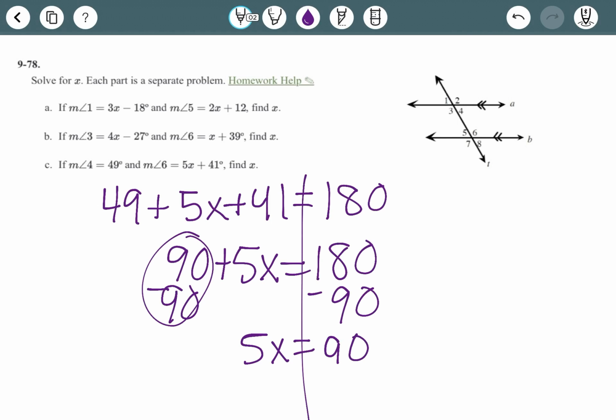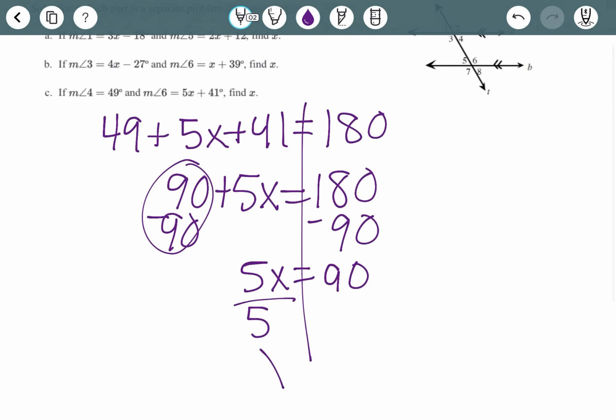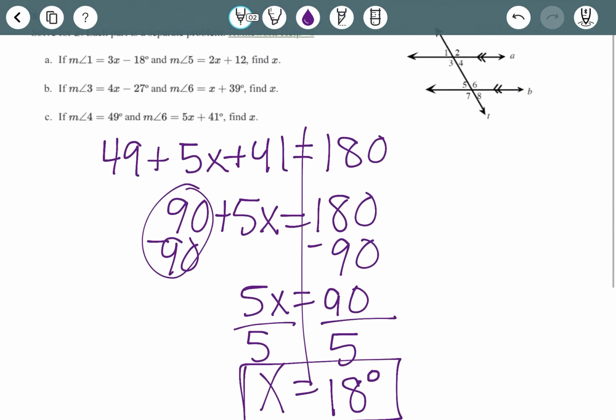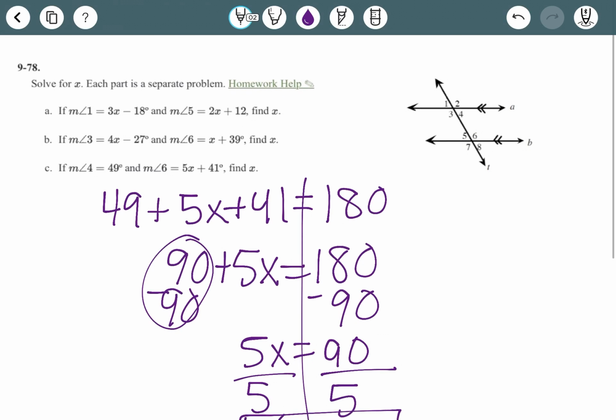Don't forget I have to divide by 5 on this side as well. And 90 divided by 5 is going to give me 18 degrees. And that is all for 978.